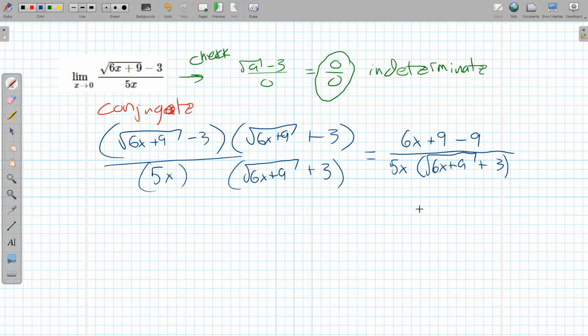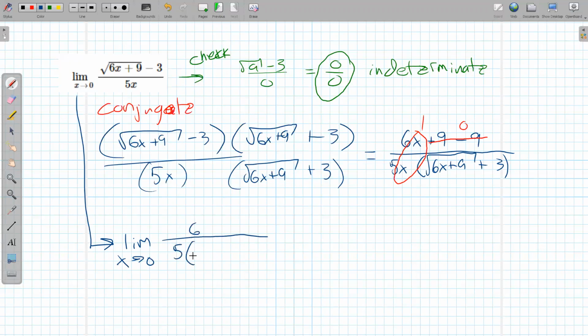So the 9s cancel out too, leaving just the 6x. So we've got 9 minus 9 is 0, and then that allows us to take x divided by x is 1. So then this limit cleans up to be the limit as x goes to 0 of 6 divided by 5 times that sum, square root of 6x plus 9 plus 3. And now that we've eliminated the 0 in the numerator, we should be okay.